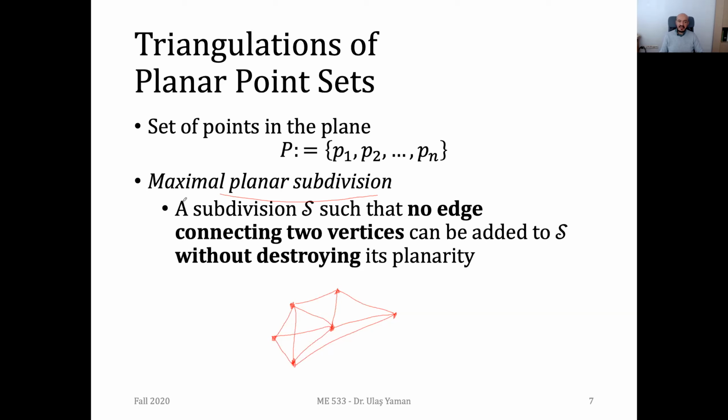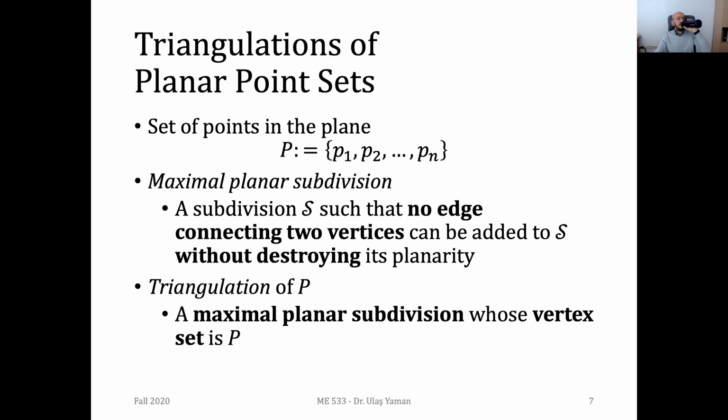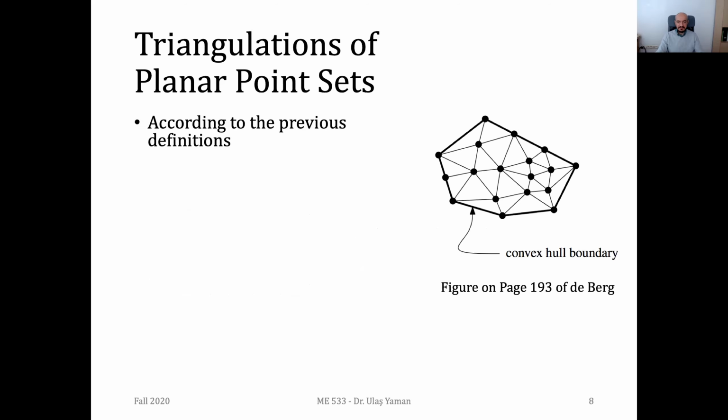If that's the case, we can say that this is a maximal planar subdivision. Any questions, guys? The maximal planar subdivision is simply the triangulation of P, in which all the vertices are the points in the given set P.